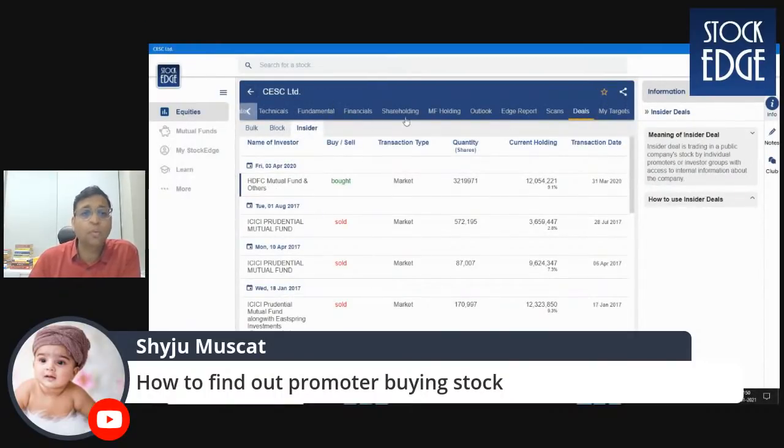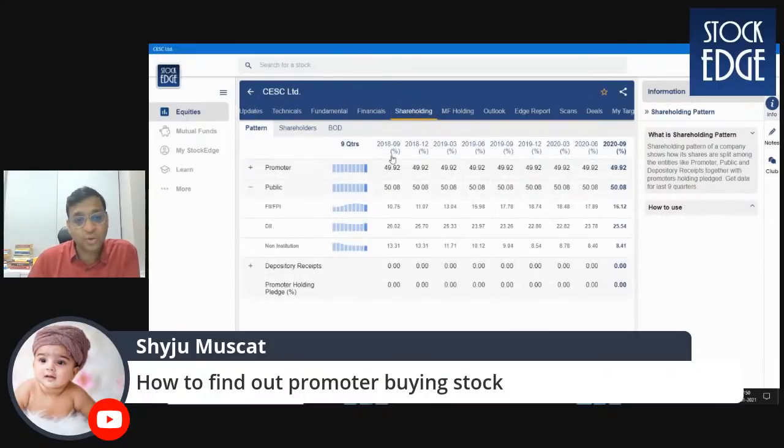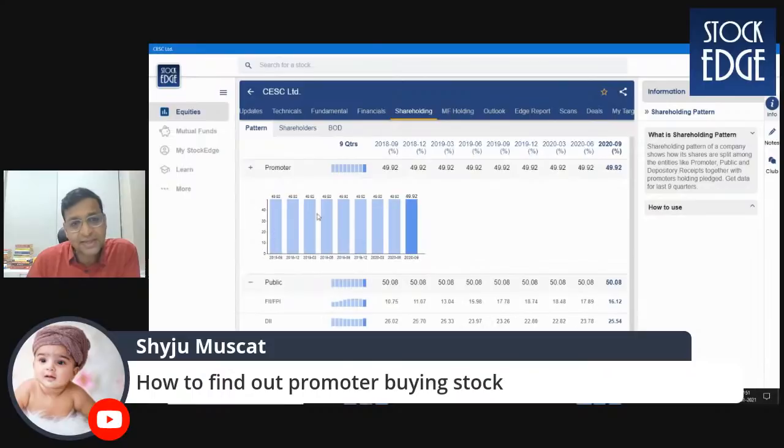Nonetheless, if you still want to see who the promoters are, go to shareholding. Whether the promoter is increasing the stake in the company or not is part of the shareholding pattern. If they're increasing, that pattern will clearly show it. If they're decreasing, the pattern will clearly show it. In this case, the promoter is keeping the stake static in CSC.